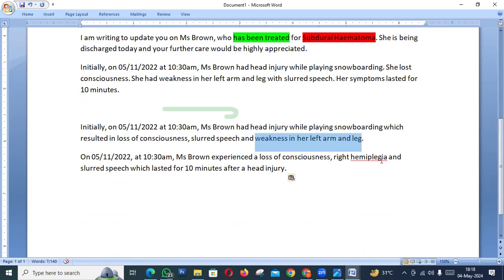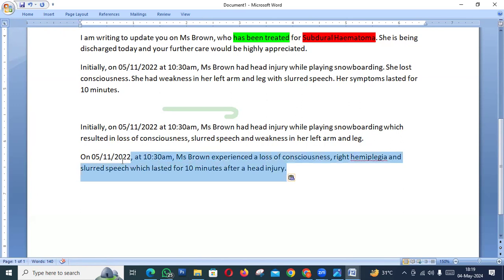This is not obligatory. If you know, you can write it. If you don't know, you can just write weakness in left arm and leg. Okay, so I have skipped initially. On this date at this time Miss Brown experienced, a little bit good language, experienced a loss of consciousness, right hemiplegia, and slurred speech, which lasted for 10 minutes after a head injury.